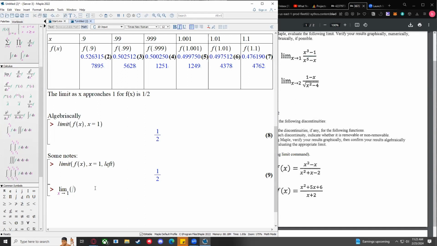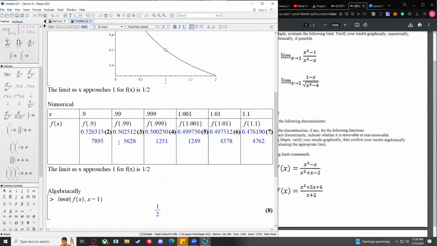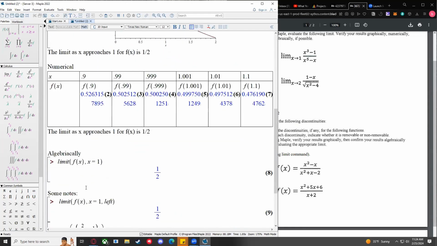I can technically put the function here, like the entire function. So let's say my function was x squared minus 1 over x minus... Is that what it was? No, it was the other way around.